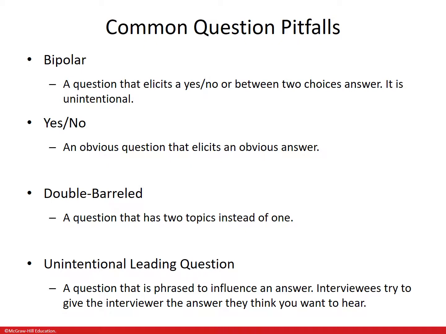So we have bipolar questions, an unintentional bipolar question, where you're asking a question that only will give you a yes or no answer, or just two choices. And like I said, it's unintentional, so it's not calculated. A yes or no question, an obvious question that elicits an obvious answer.